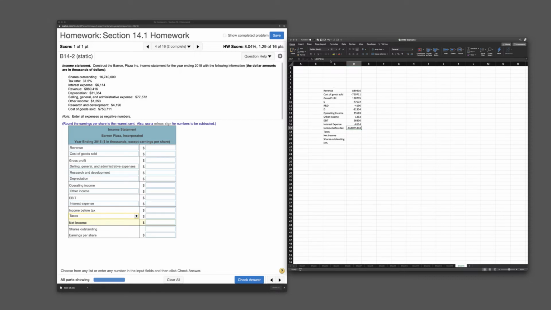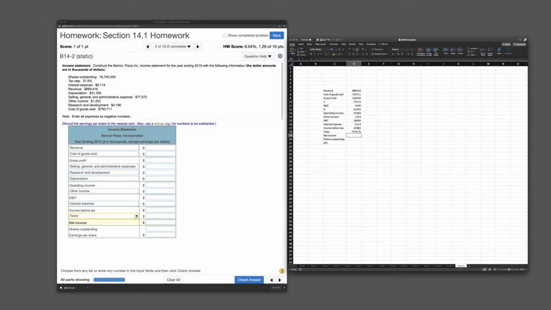Okay, so now we can figure out what our taxable income is going to be. Okay, so we just need to remove our taxes. Oh, let's see, need to add that. That makes more sense. Okay, so our taxes, now they do give us the tax rate is 37.5%.